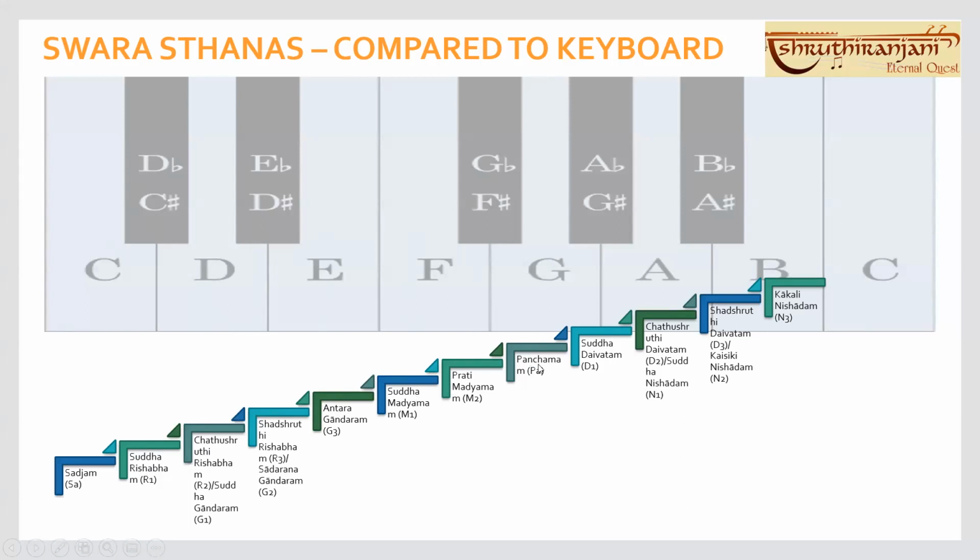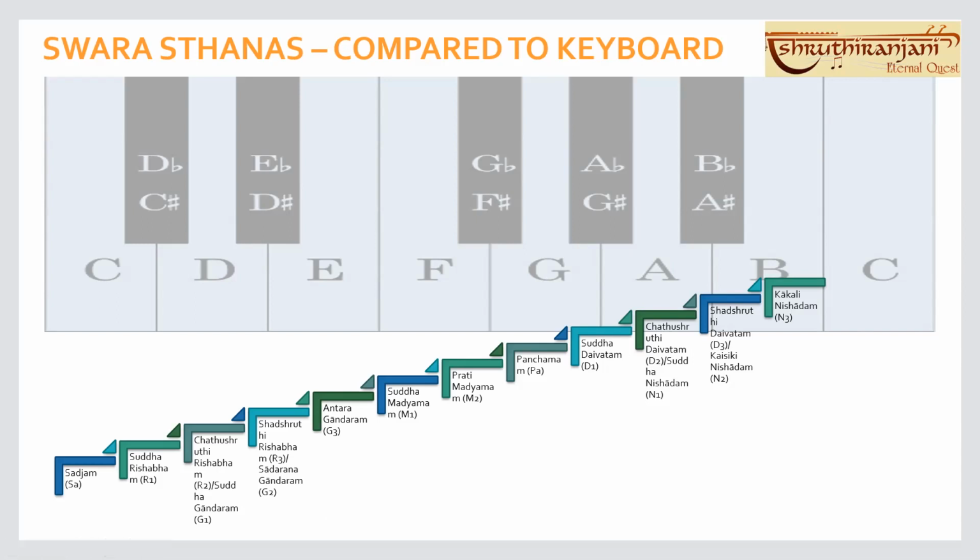G is your Panchama. Shuddha Daivata, G sharp. Then Chatushruti Daivata or Shuddha Nishada, A. A sharp is your Shatshruti Daivatam or Kaisiki Nishadam. B is your Kakali Nishadam. Again, C is your upper octave. It's the next octave which starts from there. So 12 notes and you have names for all these 12.